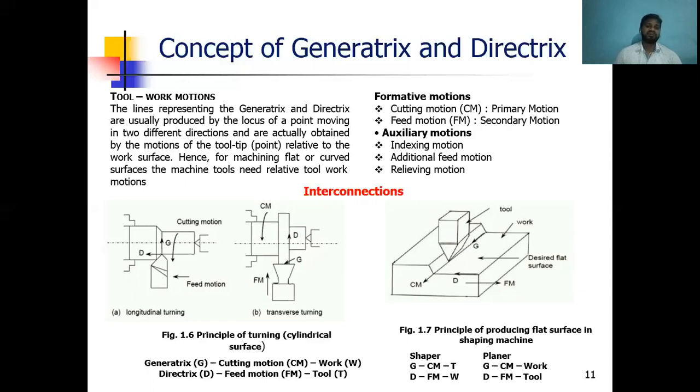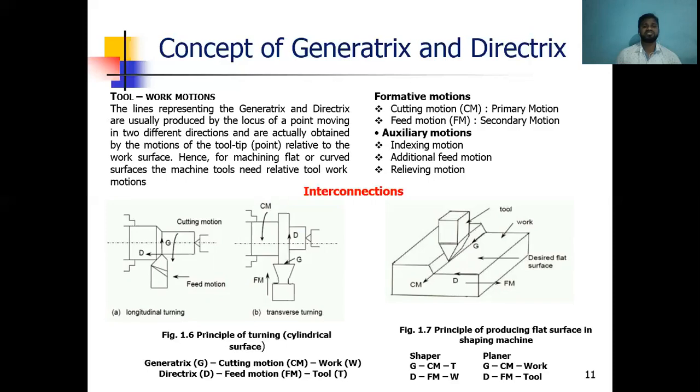It is related to the work surface. Hence, for machining flat or curved surfaces, the machine tools need relative work motions. So the formative work motions are cutting motion and feed motion.